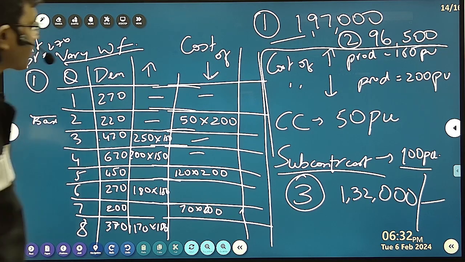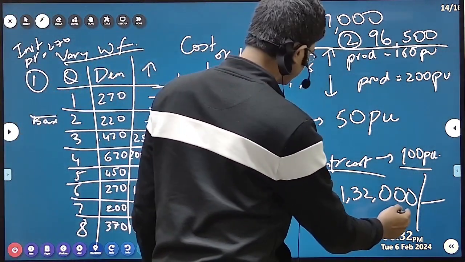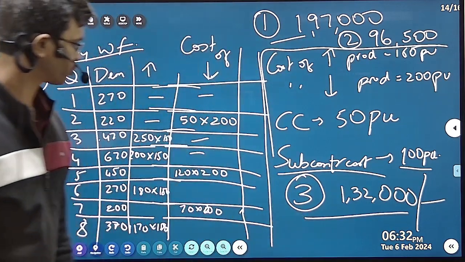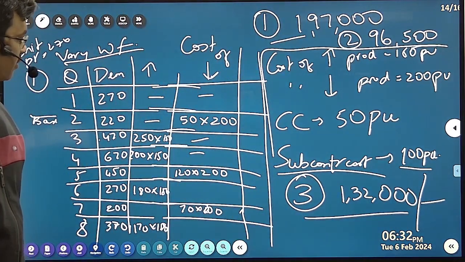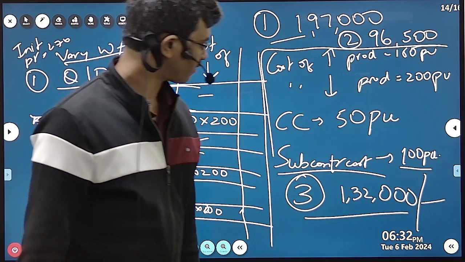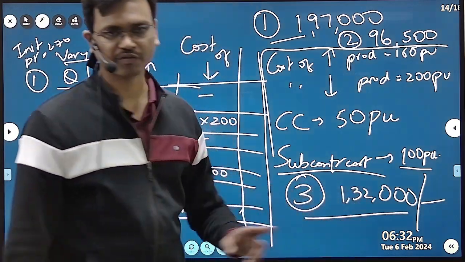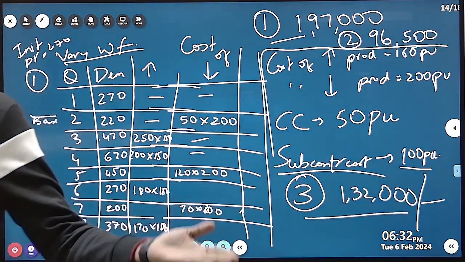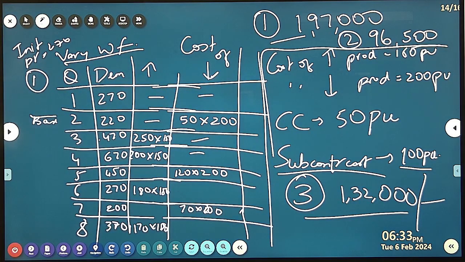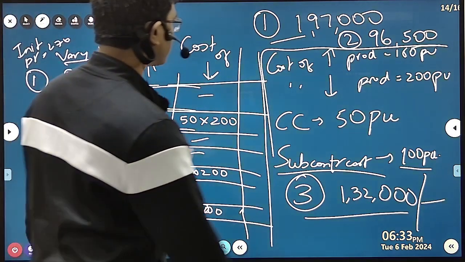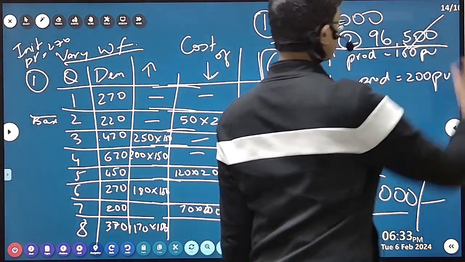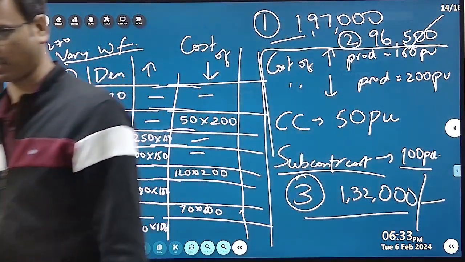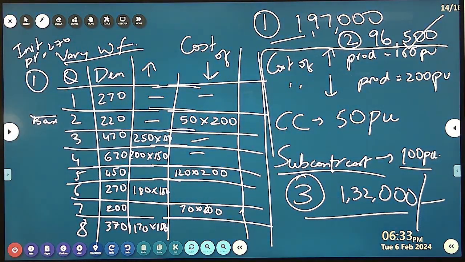Correct? And in the third process, we are subcontracting. So we are producing at a minimum level and whatever additional demand we have, we are going to give it to a subcontractor and purchase it from him. Okay? So out of these 3 strategies, we will go for strategy number 2, that is varying inventory levels.